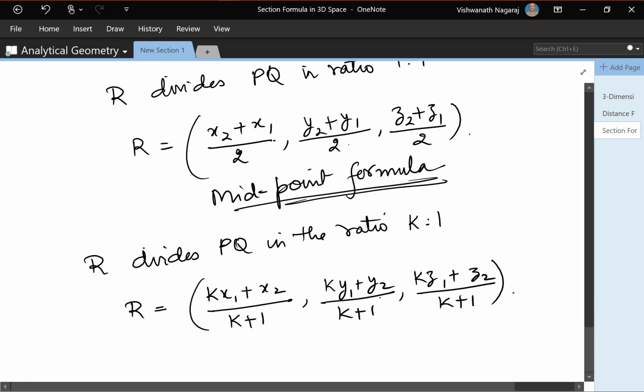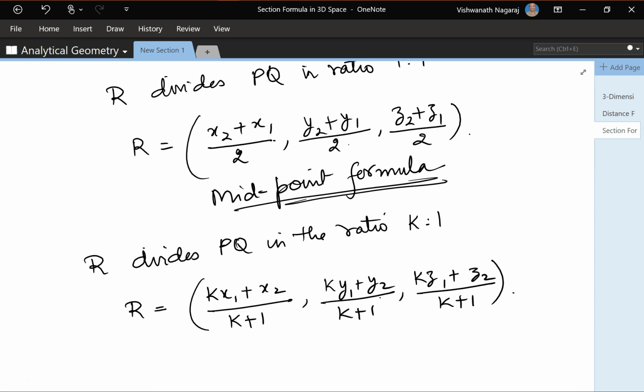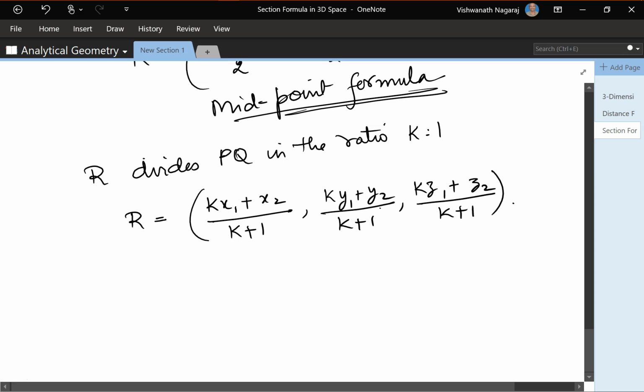That is the coordinates in case the ratio is k:1. So that is section formula. I think you got the idea. Enough for today. Bye for now.